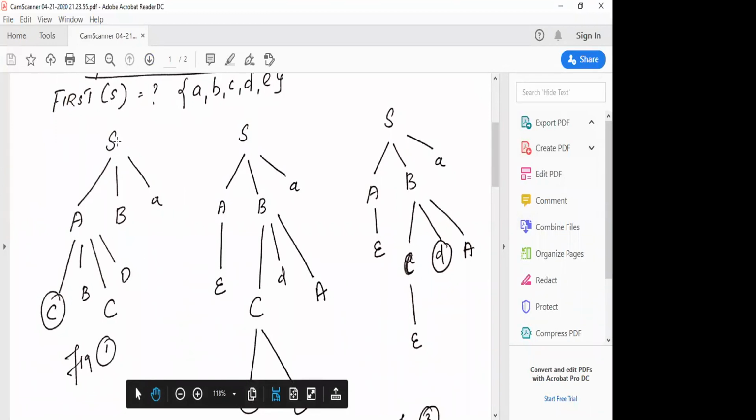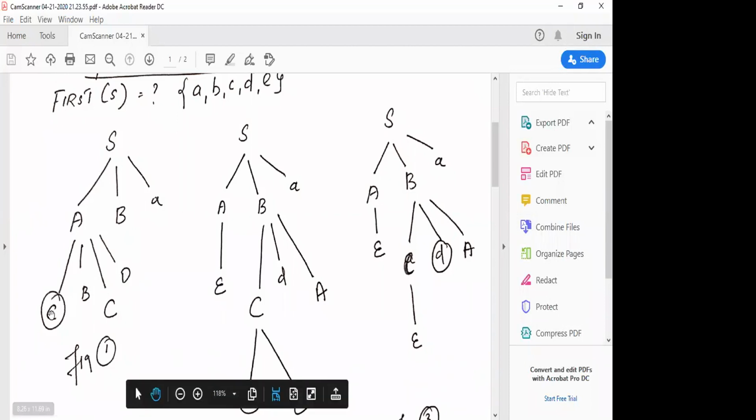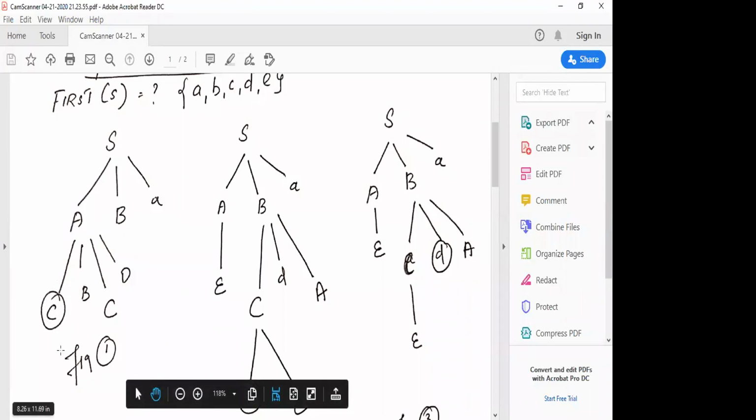Start from the symbol S. S can be replaced by the alternative A, B, A. A can be replaced by the alternative C, B, C, D, isn't it? In fact, the C is a terminal. That is why we have included the C in the first set of S. Whichever terminal I have circled is included in the first set of S.